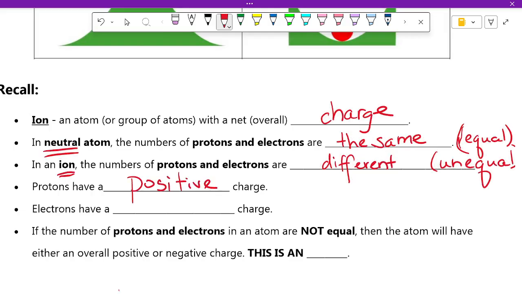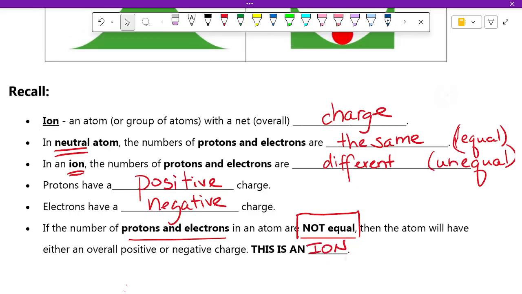Protons have a positive charge. Electrons have a negative charge. If the number of protons and electrons are not equal, then the atom will have an overall positive or negative charge. We call this an ion. Okay, excellent.